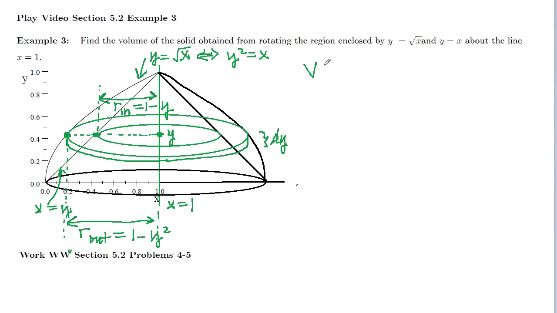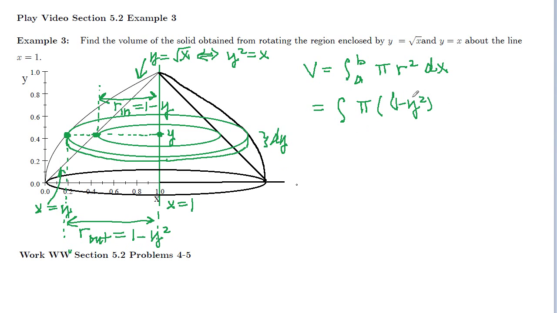So then our volume here, we are integrating from a to b, pi times our radius squared times our height, which is dy. And for our radius here, we're going to do outer squared minus inner squared. So this will be integral pi, and then we're going to do outer radius squared. So our 1 minus y squared is our outer radius.